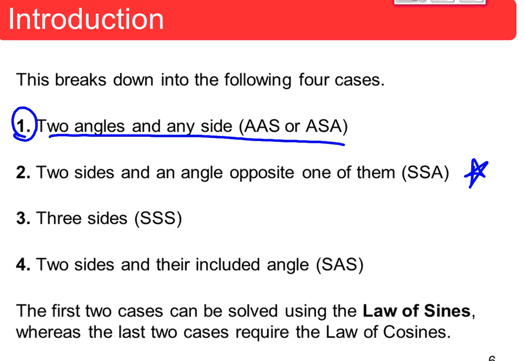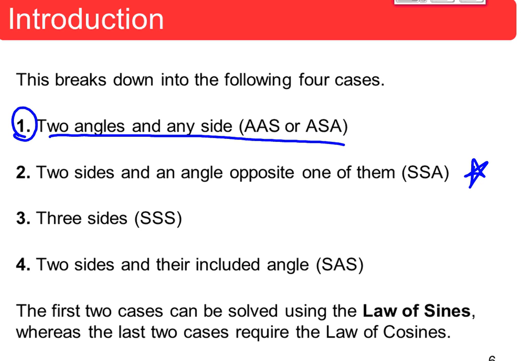So here are the four cases that we can have, and the first two use the law of sines, and the next two use the law of cosines. So if we have two angles and a side, so angle, angle, side, or angle, side, angle, it doesn't matter which two angles and what side. And think about why that is, because you can always find the third angle of a triangle, because they always add up to 180.